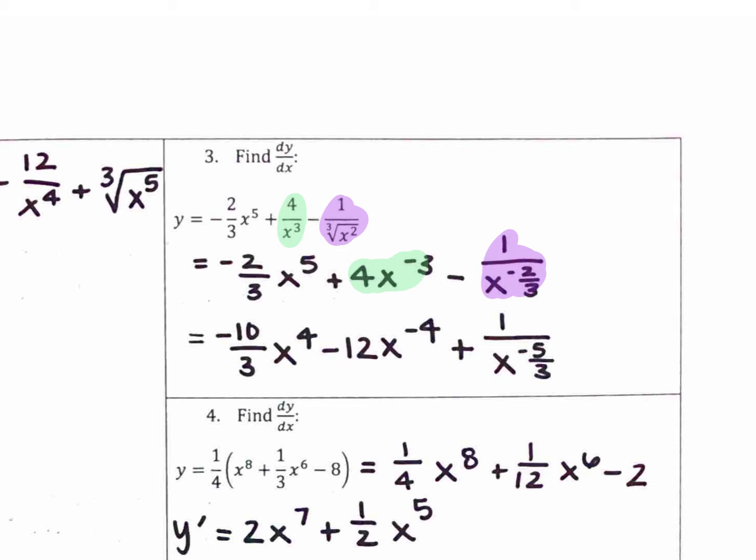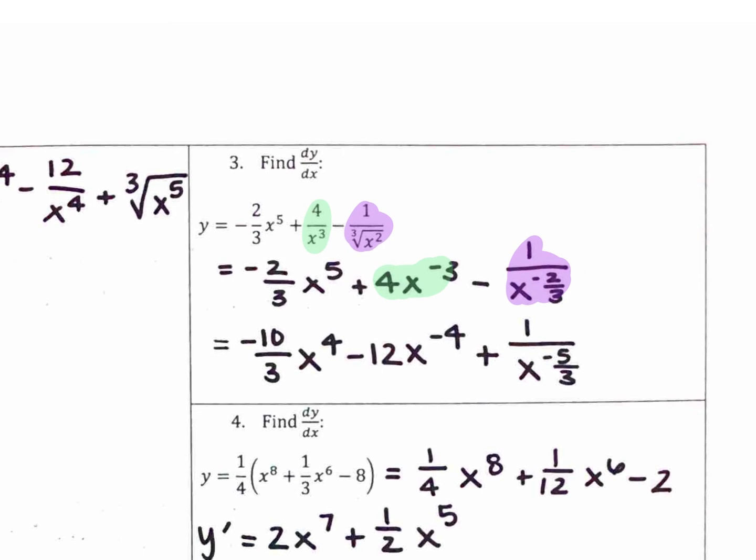And then let's double check this last term. I think there might have been a whoopsie-daisy here. So this last term should be x to the negative 2/3 power, not 1 over x to the negative 2/3 power. So then when we do our power rule, the derivative, f prime, should be negative 2/3 x to the negative 5/3.